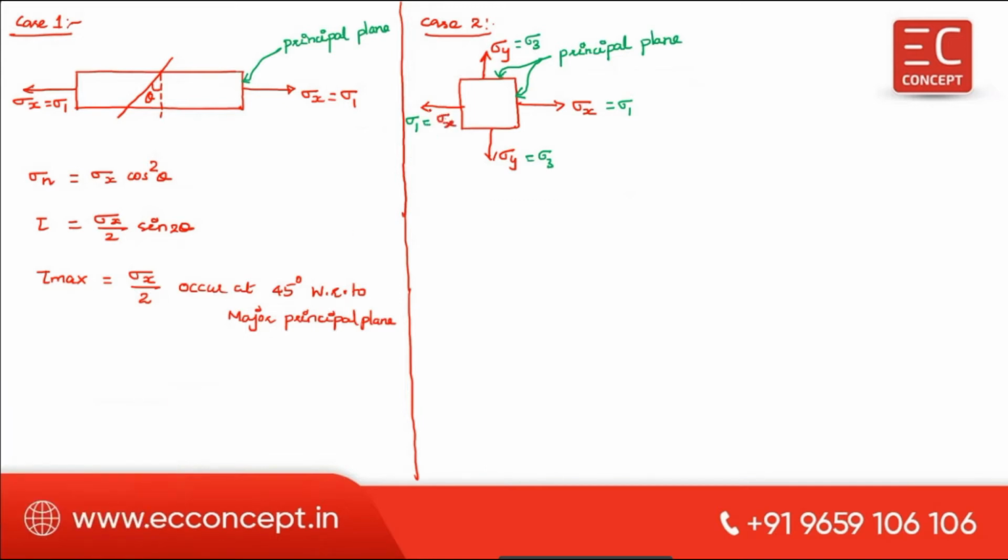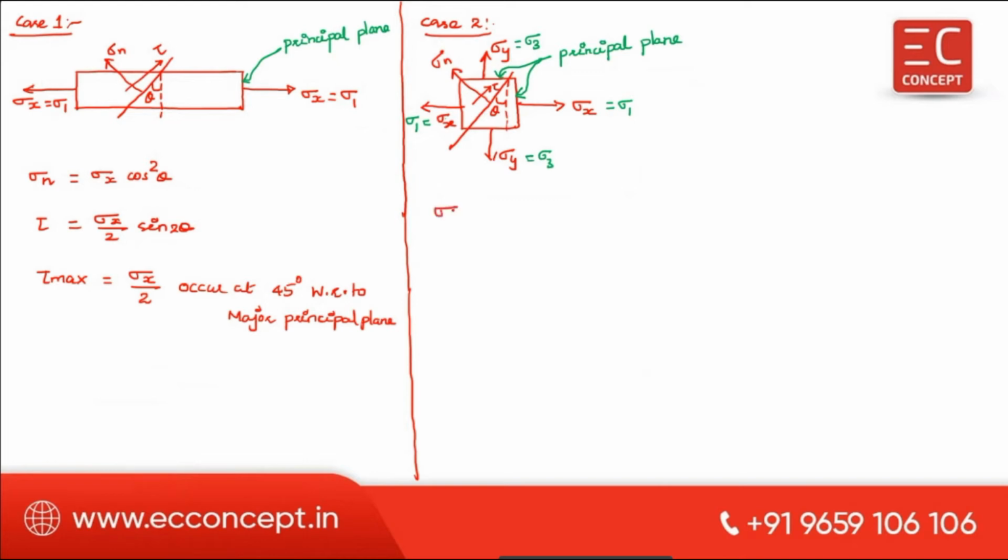Now we need to find out the normal stress and shear stress at a plane inclined at theta with respect to the major principal plane. Here this is the normal stress sigma n, and this is the shear stress tau. In a similar manner, here sigma n will be there, and shear stress will be there.